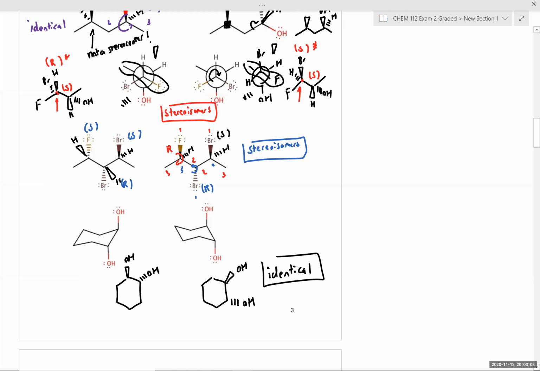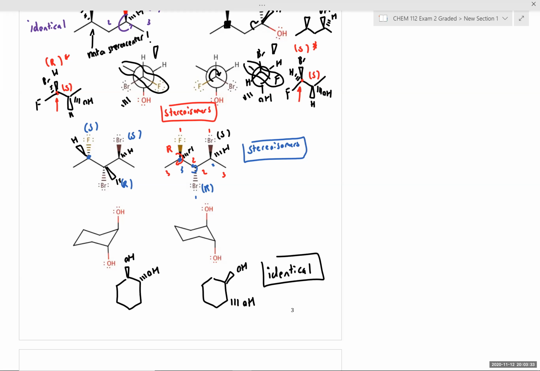If we look at the dash-wedge setup, we notice that at one of our stereocenters, this fluorine stereocenter, we have a wedge instead of a dash. And because we only have a different configuration at one or more, but not all, of our stereocenters, we would call these two compounds stereoisomers.